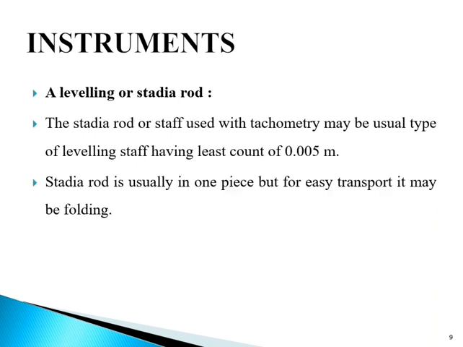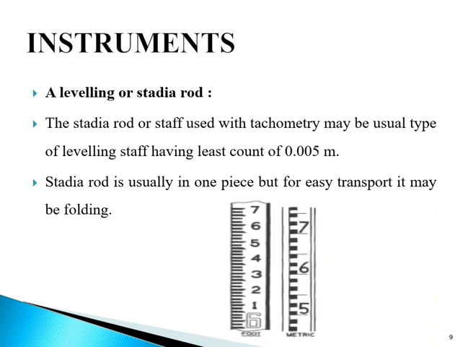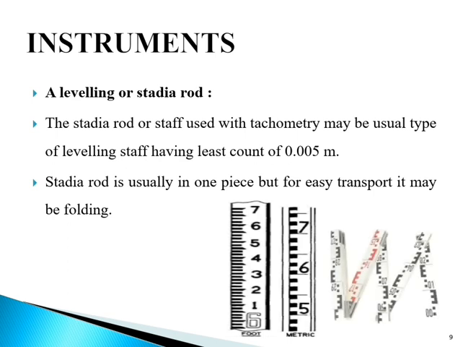Next is a leveling or stadia rod. The stadia rod or staff used with tachometry may be the usual type of leveling staff having a least count of 0.005 meter. Stadia rod is usually in one piece, but for easy transport it may be a folding type.